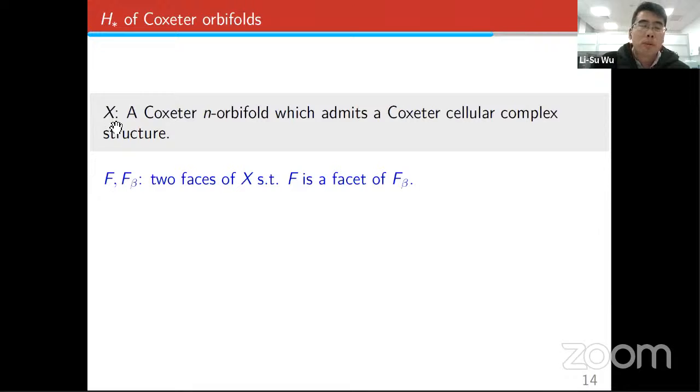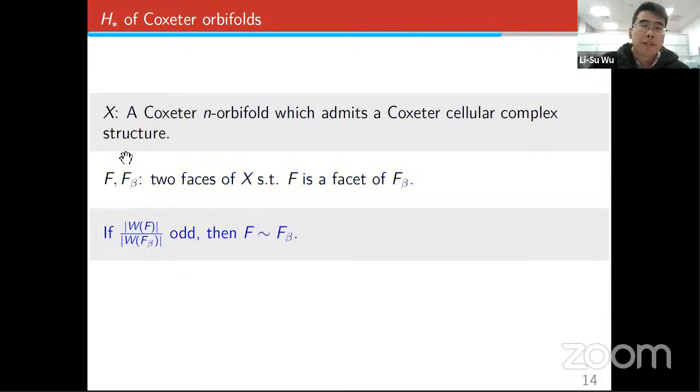If we denote this as S_F, then any codimensional face F in X will have a local group which is a finite Coxeter group generated by all reflections S_i corresponding to where this F intersects. So a face in a manifold with corners, as a closed orbifold, has a Coxeter group, and if the Coxeter group of F divides the order of the Coxeter group of F_beta, then we give equivalence relations.